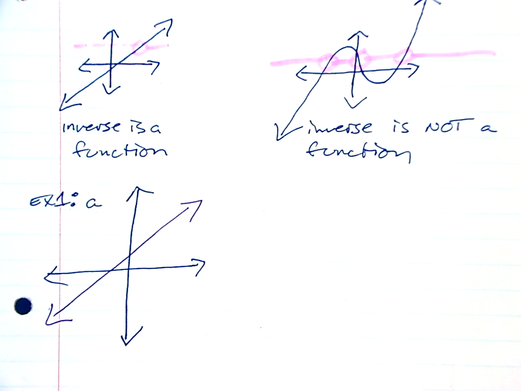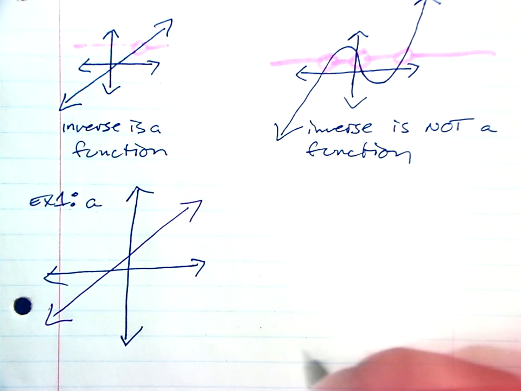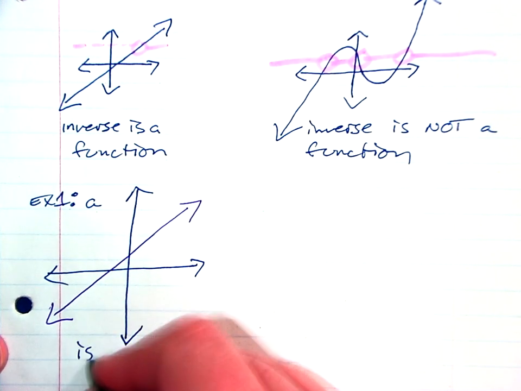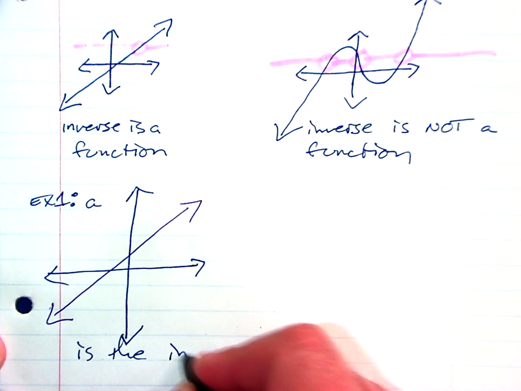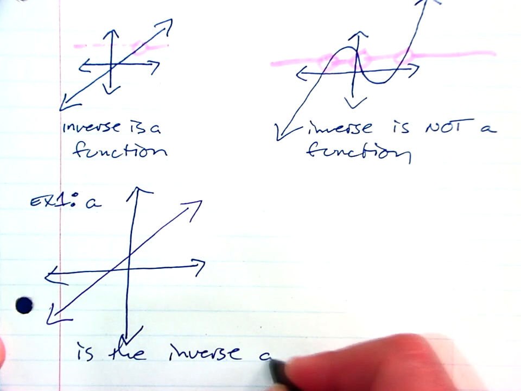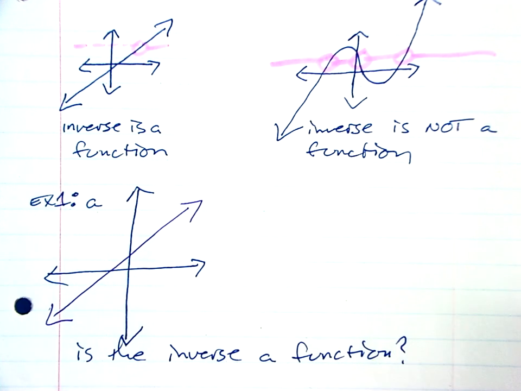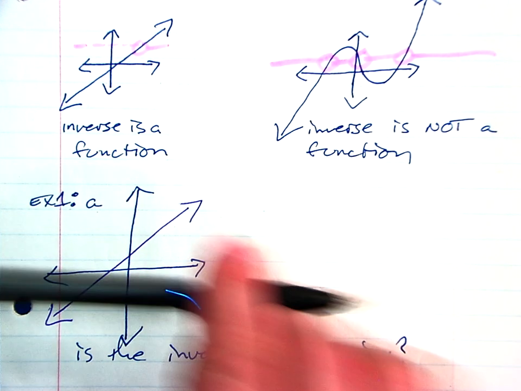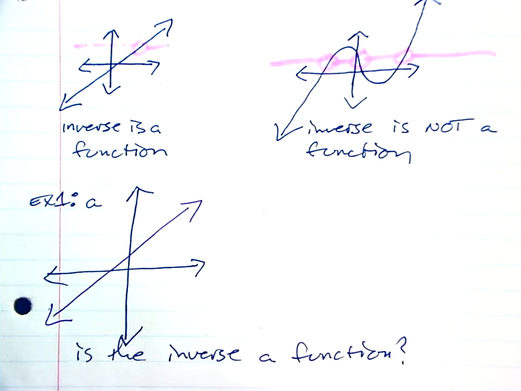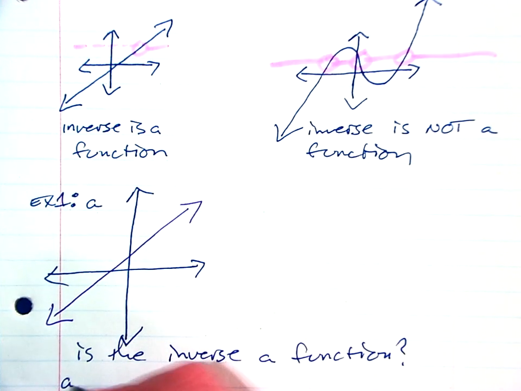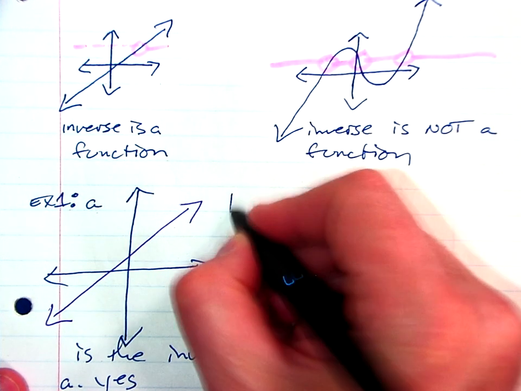All right, so what it's asking you, is the inverse a function? So on this one, we said the horizontal line tested only crosses it once. So for A, is the inverse a function? Yes. How about B?